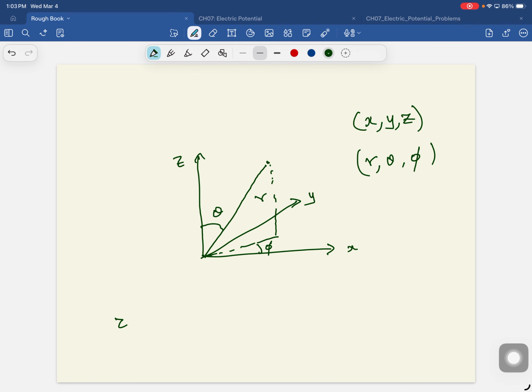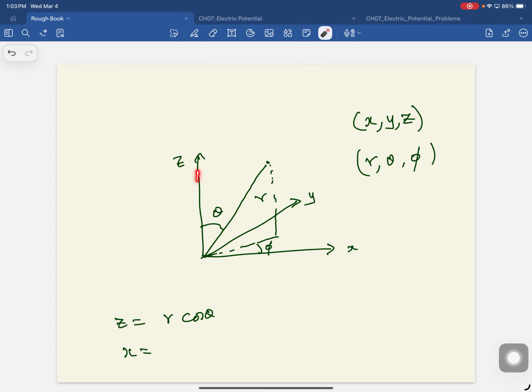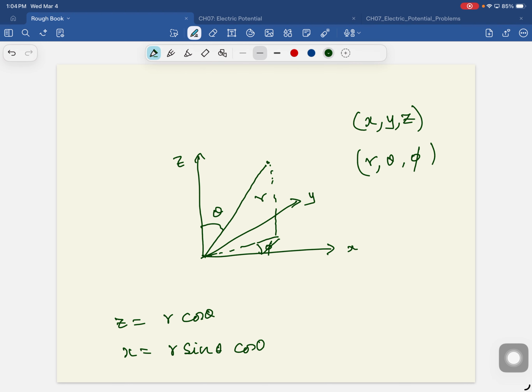So for instance, the z coordinate is r cosine theta, r sine theta is this length, and so x is r sine theta cosine phi, and y is r sine theta sine phi. Anyway, those are related, don't worry about that.